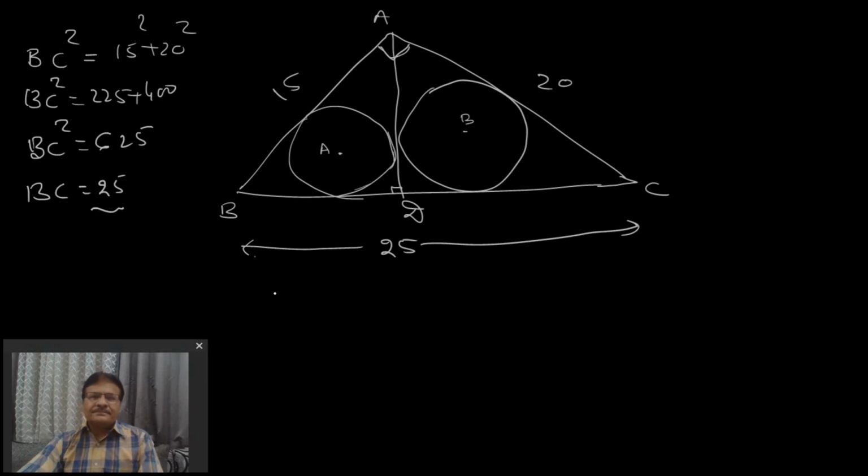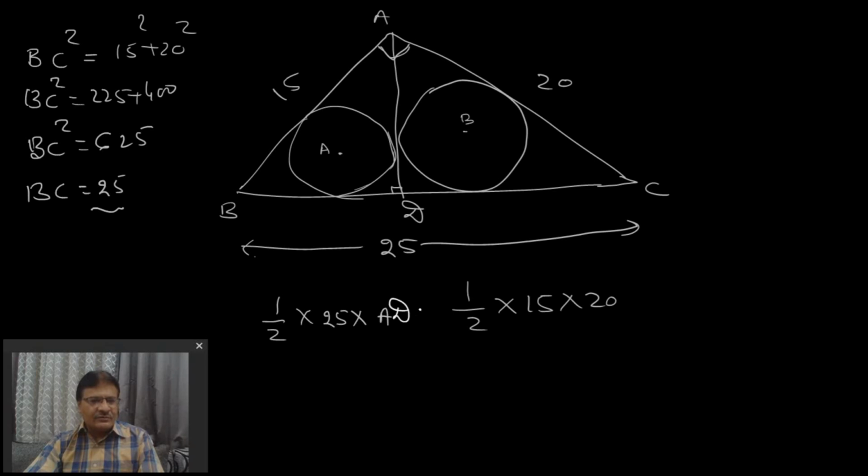Now one more thing. What is the area of this complete triangle? If I take this as a base AB, then can I say my area is half into base 15 and height is 20? Yes, no? And if I take this as a base BC, then again the area is half into BC, means 25 into this height, which is AD, which I don't know.